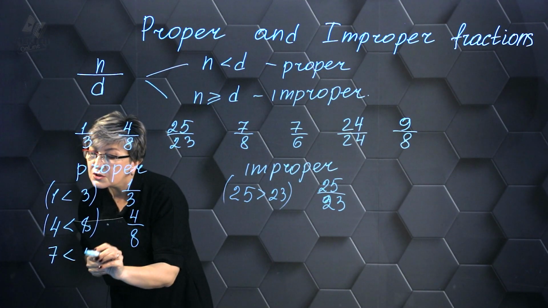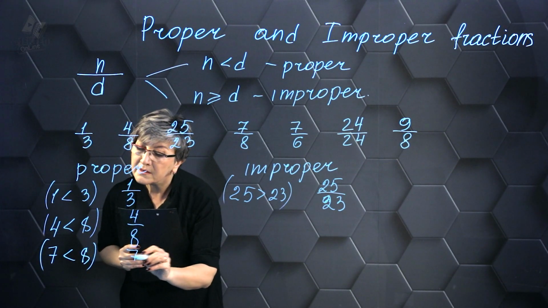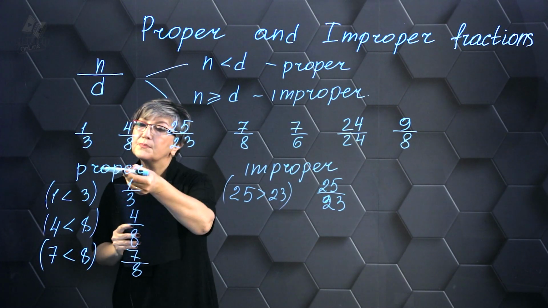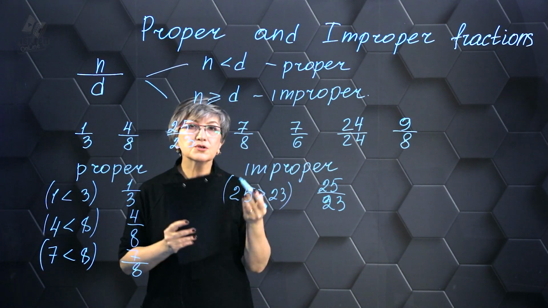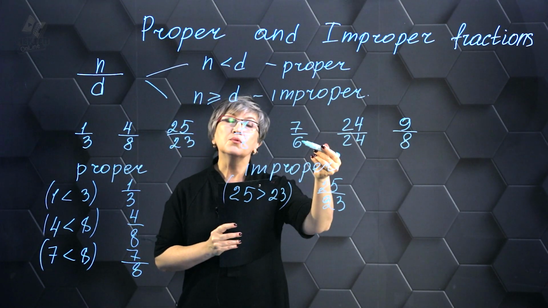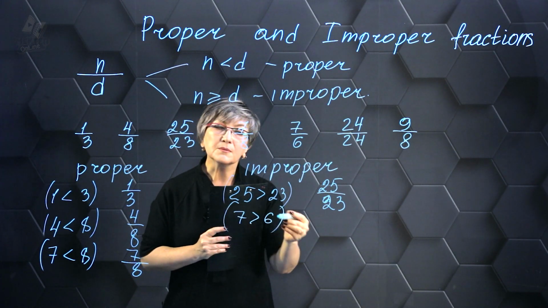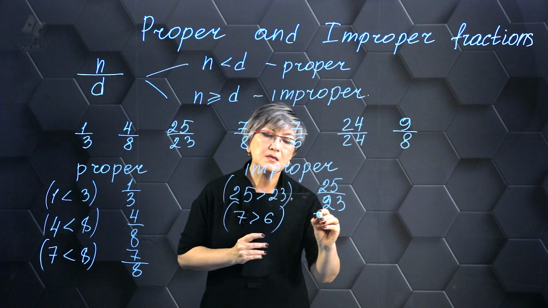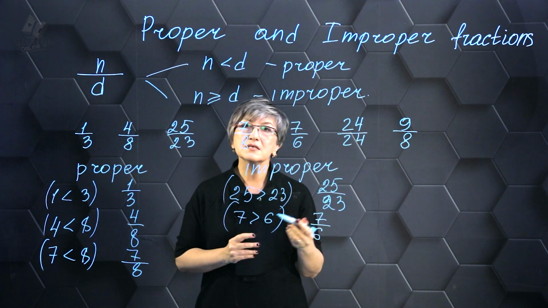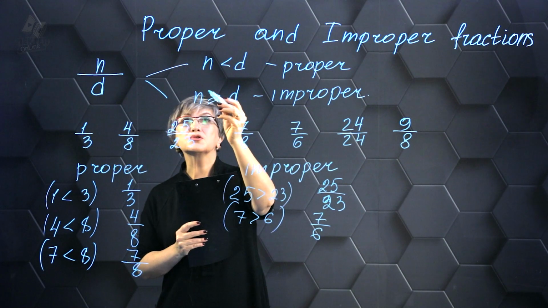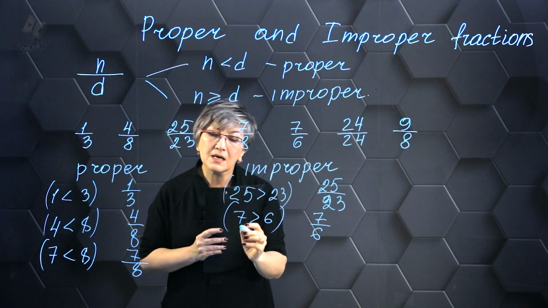Now on to the next fraction, 7/6. The 7 is greater than the 6, so we put it in this column. Next fraction, 24/24. Let's recall that if the numerator is equal to the denominator, which is 24, then this fraction is improper.